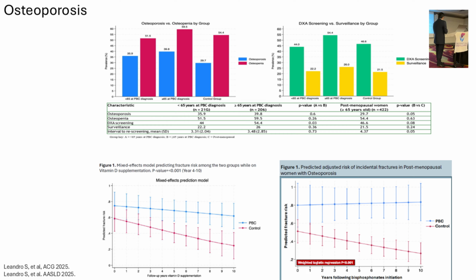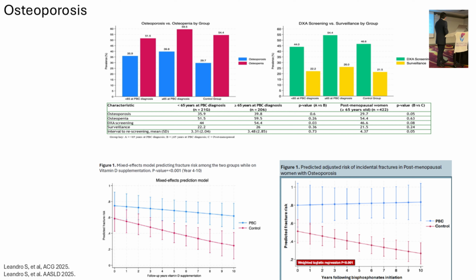Even after we diagnose them with osteoporosis and start to treat them, the most common intervention will be vitamin D or bisphosphonate. If we look at patients who are on vitamin D with PBC osteoporosis compared to age-matched control osteoporosis without PBC, there seems to be a decreased therapeutic benefit from vitamin D supplementation.